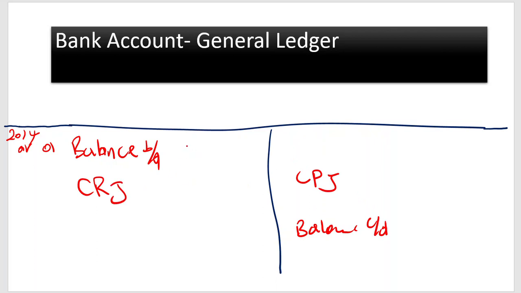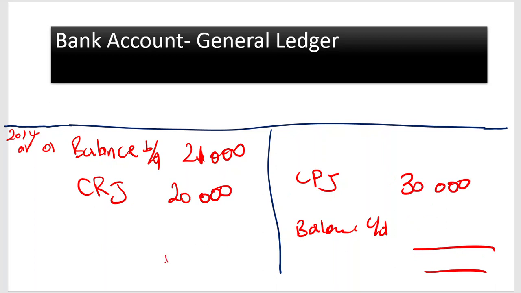Then you have your balance of 21,000 rand there. I'm just making examples. Then you have your balance of 20,000 rand, that is your CRJ totals. Then it's going to be 30,000 rand, maybe. Therefore, you just total up everything. When you add this side, it's higher than that side, so you're going to have 41,000 rand here, and also this side 1,000 rand.